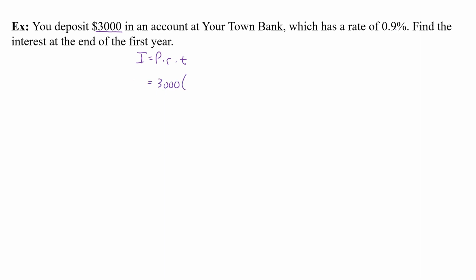The rate is 0.9%, but remember we have to convert that to a decimal, so that's 0.009. And the time is 1 year, so times 1. Now if we take 9 times 3, that's 27, and there are 3 decimal places here, so that's just going to give us $27.